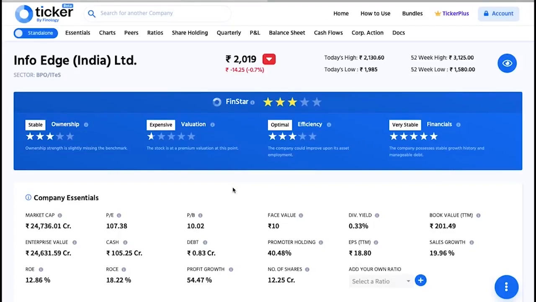Their business model is such that they do not need to invest in big factories, machinery, land, etc. This is why the book value of the company is less. Their main assets are employees, but in accounting, employees are not treated as an asset. They are treated as an expense because salary is paid to them and salary is an expense. This is the reason the book value of most IT companies is very less.